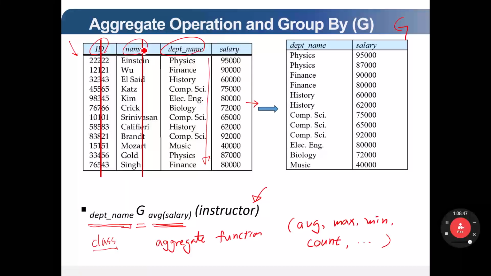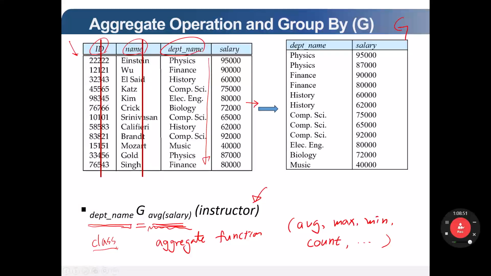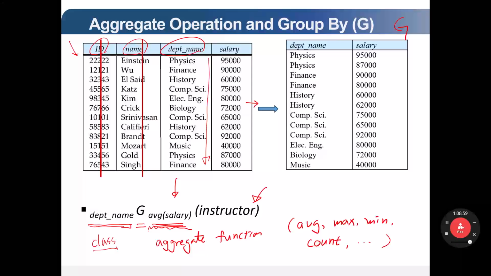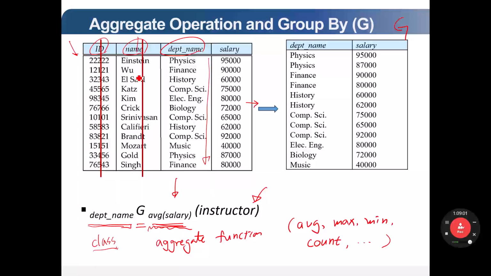Any attribute that is not listed in the subscripts will be eliminated. So if you look at this given query, ID is not used, name is not used, so we completely ignore these 2 columns. And for the remaining attributes, we perform sorting.